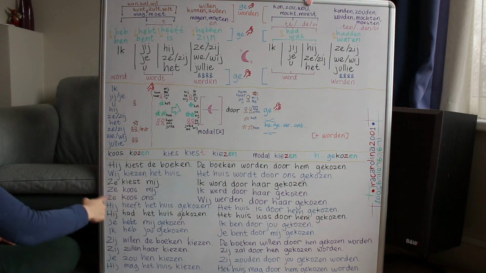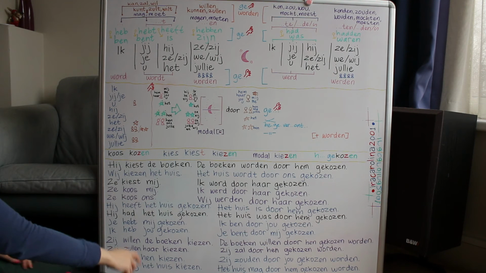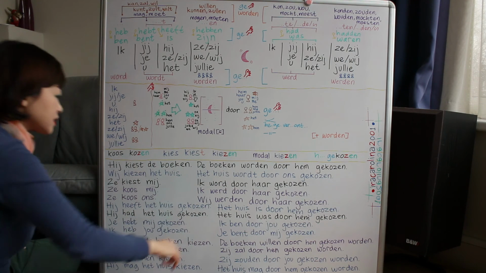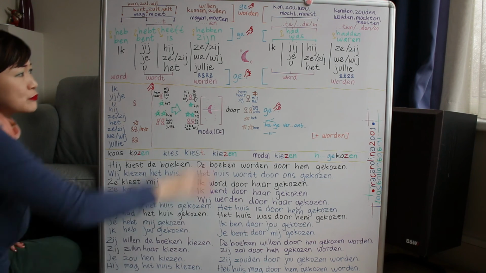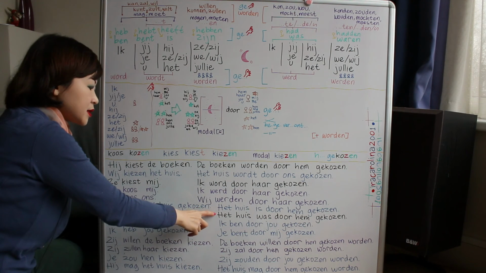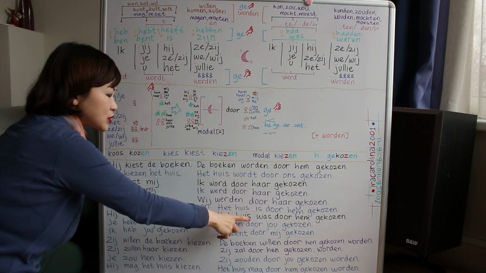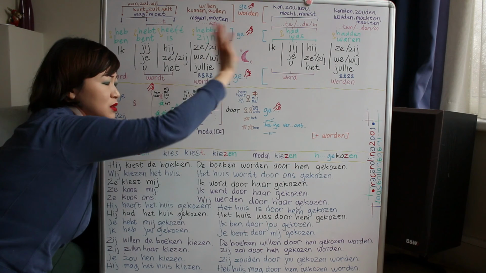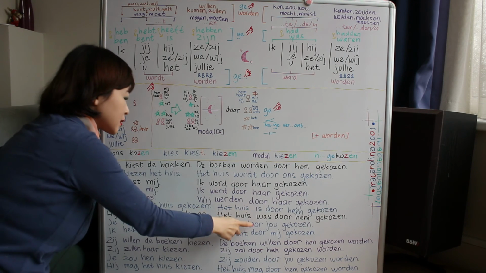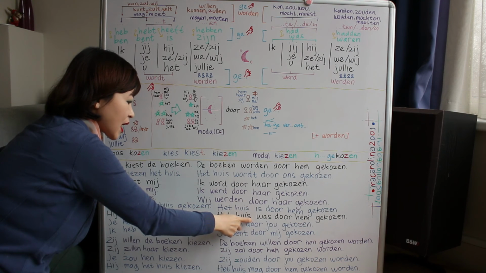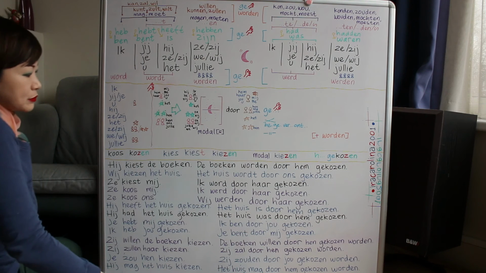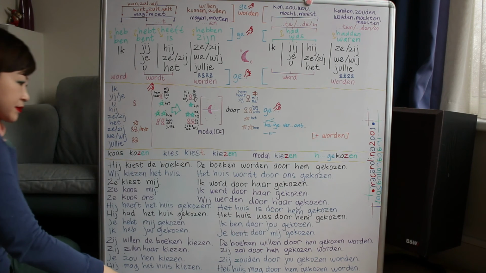Hem is from hij. Hij had het huis gekozen. Had, previous time. The passive, het huis was, because it's passive and because it's previous time. The het huis becomes subject. So het, it was. Door hem gekozen.